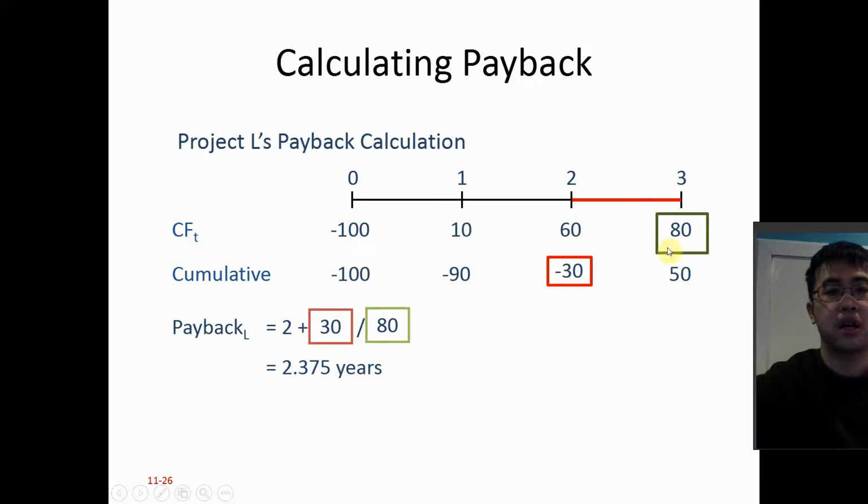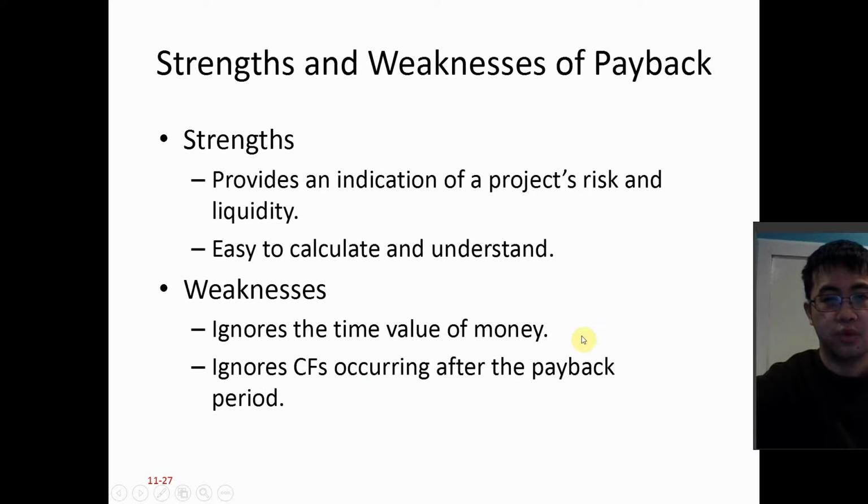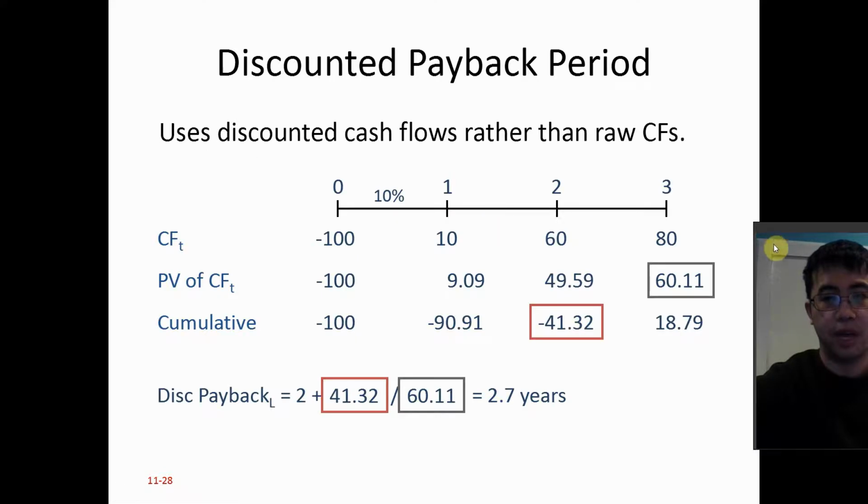The $10, $60, $80 here are all future cash flows. I know this is a simple framework, where you just add them up together, but you actually should discount each of the cash flows to present value and then add them back. So that brings us to the idea of a discounted payback period.